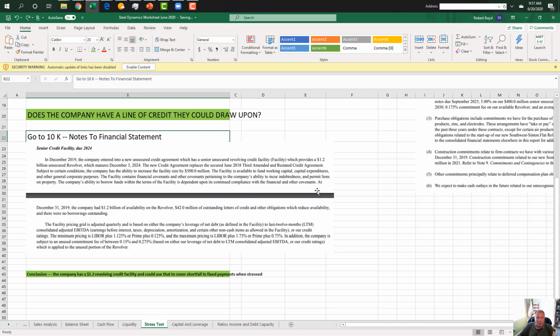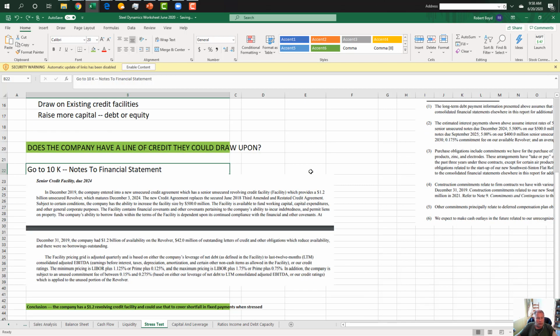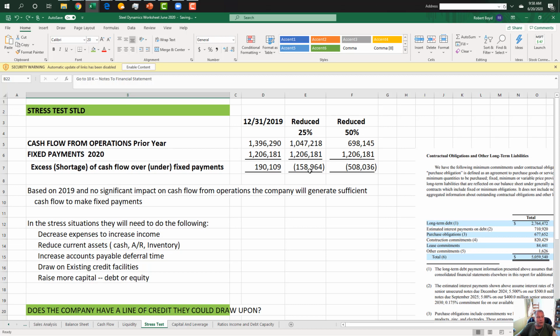Okay, the amount outstanding of the company had $1.2 billion of availability. Okay, so it has plenty of money that if it needed to draw on that revolver, it would be able to. So that we could conclude is good. So that's the stress test that you should engage in.